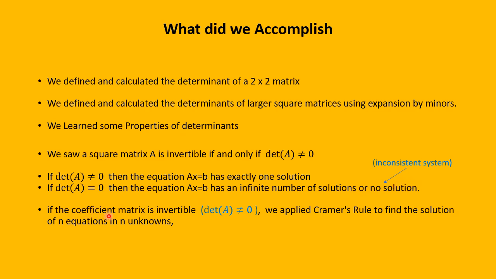If the coefficient matrix A is invertible, the determinant of A, in other words, being non-zero, we also saw that we could apply Cramer's rule to find the solution of n linear algebraic equations in n unknowns variable by variable, using Cramer's rule to find one variable's value at a time.